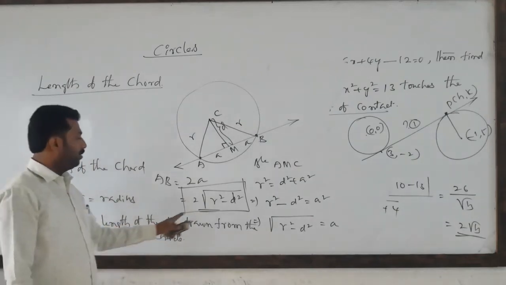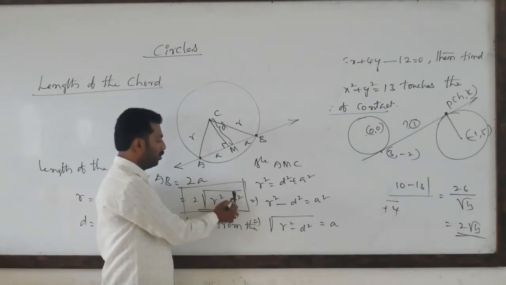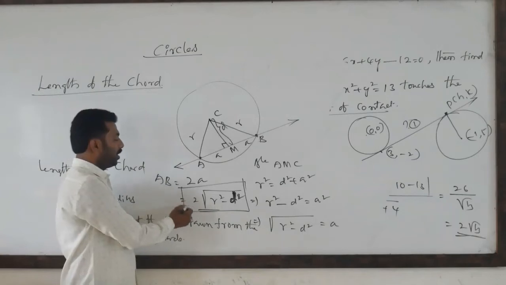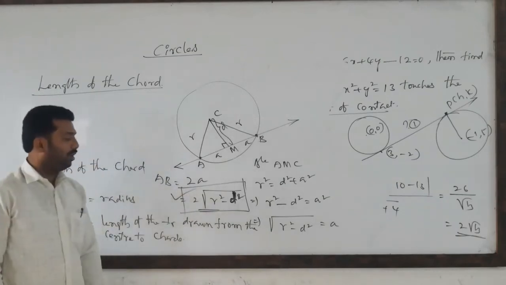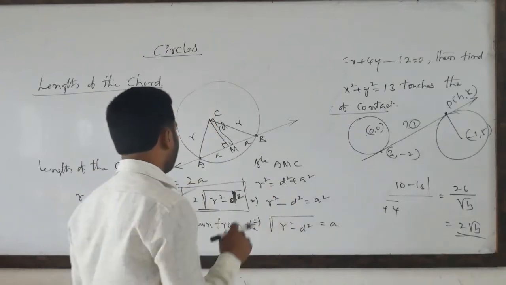So you remember, length of the chord is 2 into root of R square minus D square. R means radius, D means perpendicular distance.